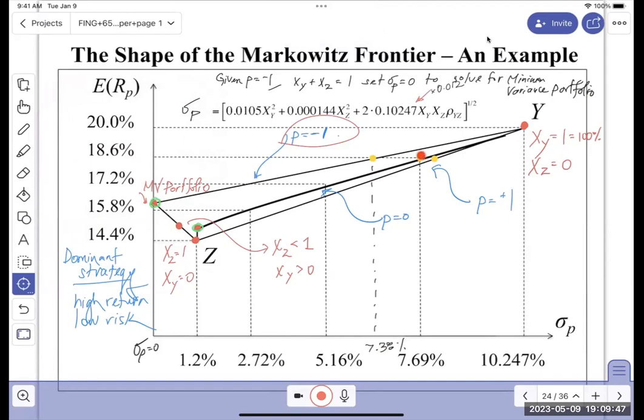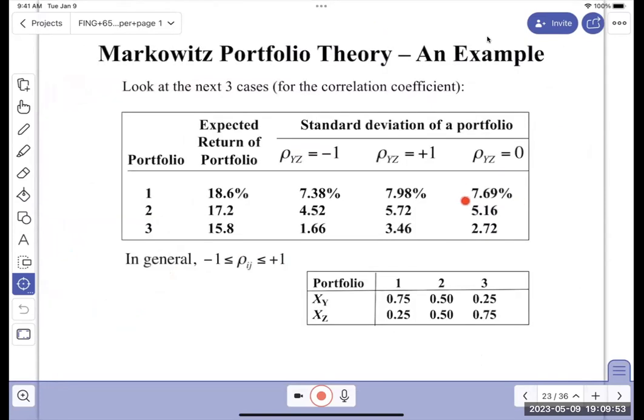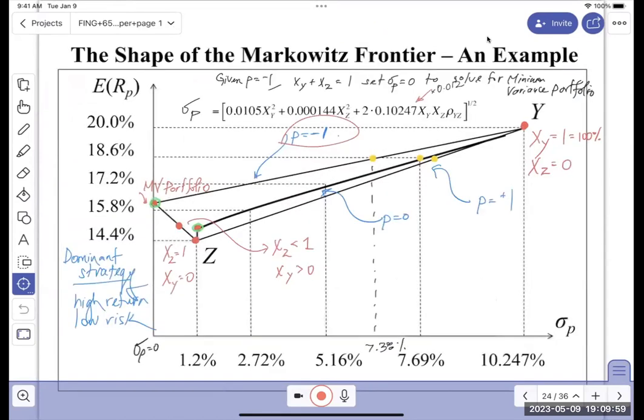This is the combination where the correlation is 0 and you get 7.69. And where the correlation is +1, you should get 7.98.